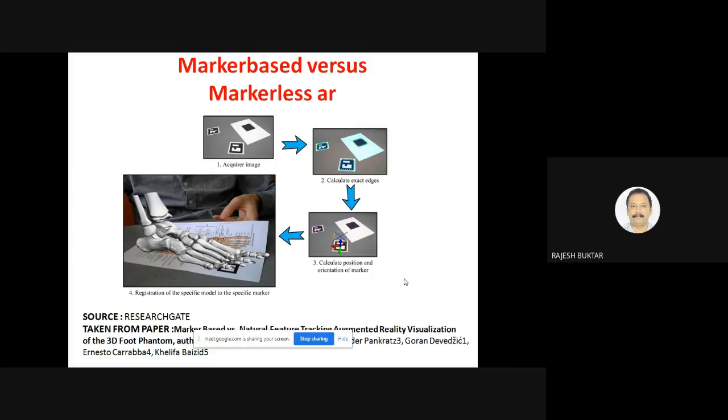So these are the steps of how you are accessing a 3D model using markers. You can see here: acquire image, calculate exact edges, calculate position and orientation, and the registration of the specific model to the specific marker.